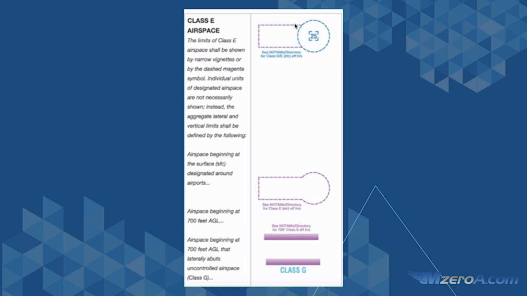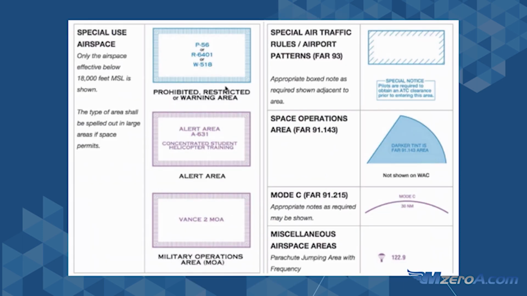And speaking of things that can hurt you, by the way, here's some symbology we really need to know for special use airspace to help you avoid it. This airspace, by the way, is color-coded, and it really spells it out for you. Prohibited airspace, restricted, warning areas. These are all shown with these blue hash marks.